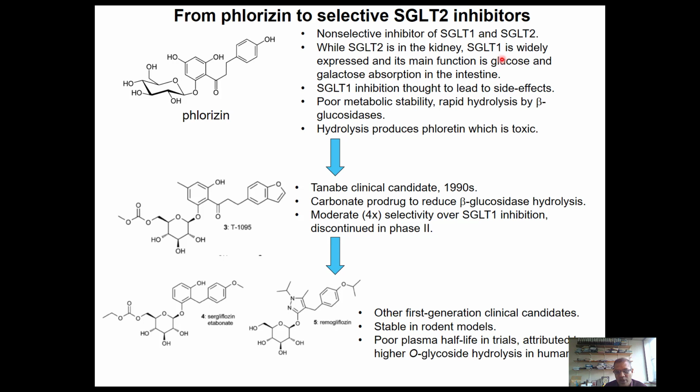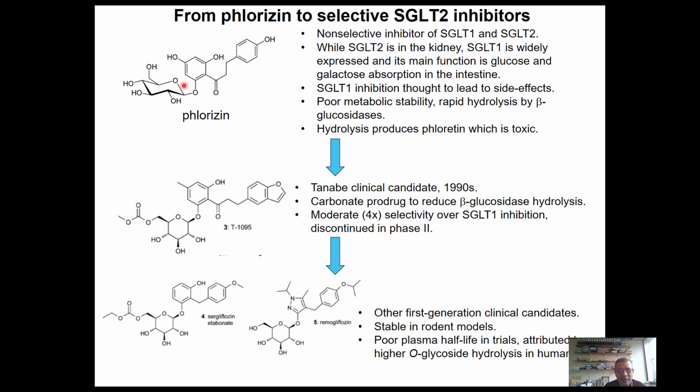Meanwhile, SGLT1 is widely expressed, and it's also present in the intestine. So ideally, we don't want to inhibit SGLT1 because then it will lead to side effects in other parts of the body, and we'd like a selective inhibitor of SGLT2. And for that reason, phlorizin, from a pharmacological point of view, is not very suitable for use.